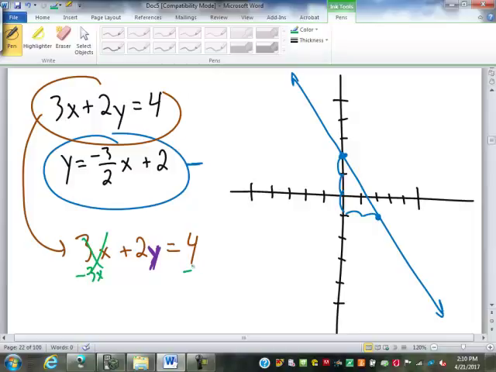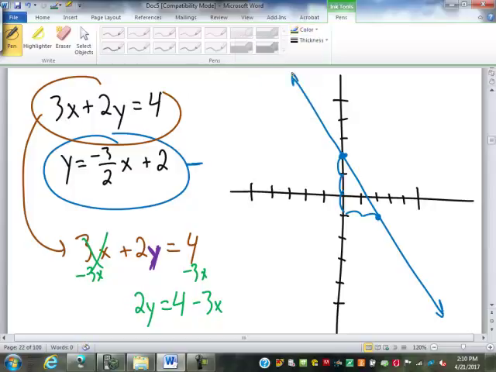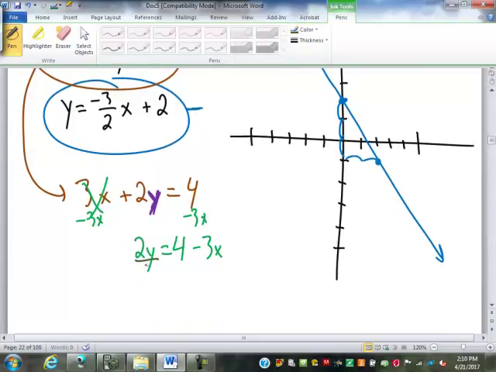So we've got 2y equals 4 minus 3x. And then we divide by 2 on both sides. When we divide, we have to divide each term in the whole equation. So the 2s divide out, leaving us y. 4 divided by 2 is 2. Negative 3x divided by 2 is negative 3 over 2 x.